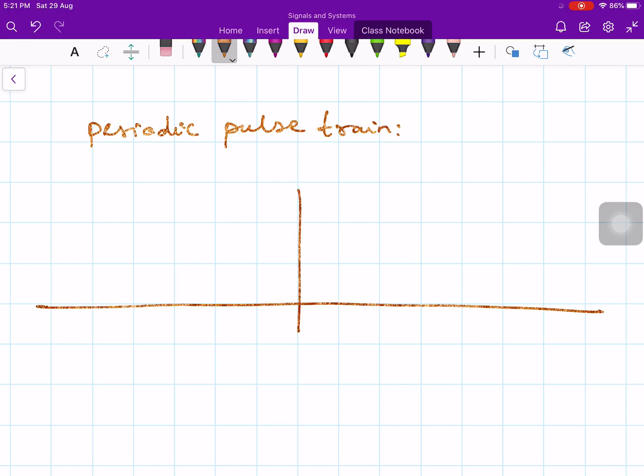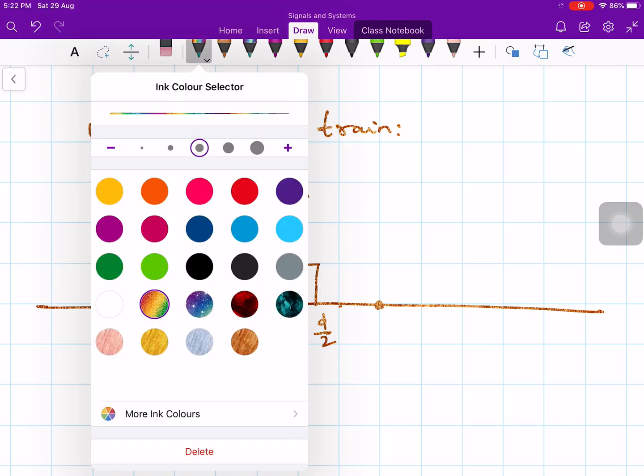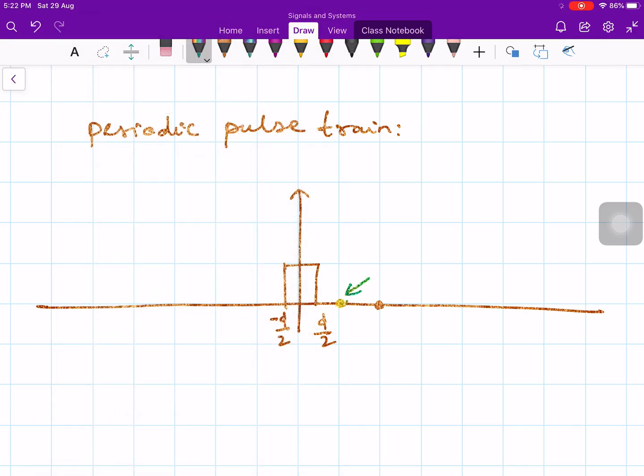you have the waveform like this. Let's say this is minus d by 2, plus d by 2, right? And let's say this point is t naught by 2. This one is t naught.